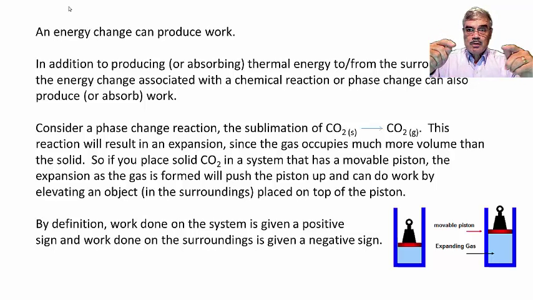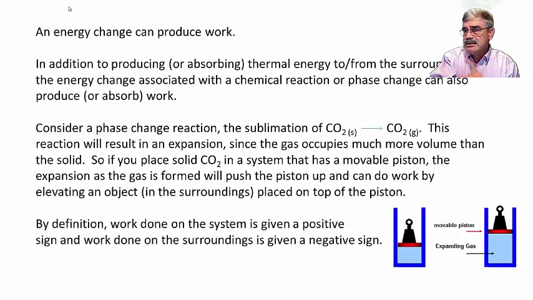So whenever Q or W goes into the system, it has a positive value. When either Q or W goes to the surroundings, it has a negative value. So in this particular case, let's think, if we're holding some test tube and it contains dry ice and it has this piston, first of all, when the sublimation of dry ice to carbon dioxide occurs, it's going to feel cold because that's the nature of that phase transition.